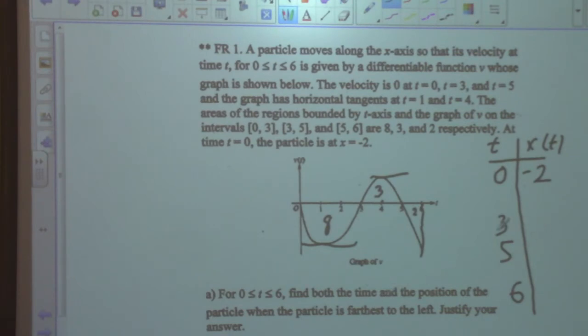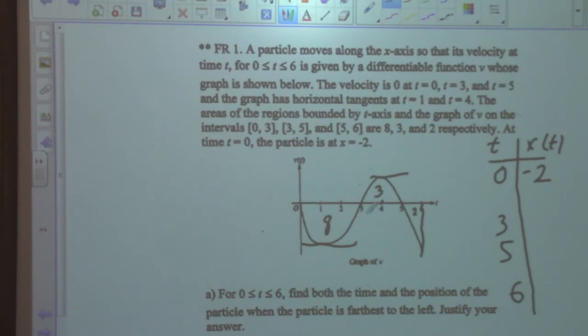So what is going to be the value at 3? What's going to be our value at 3?